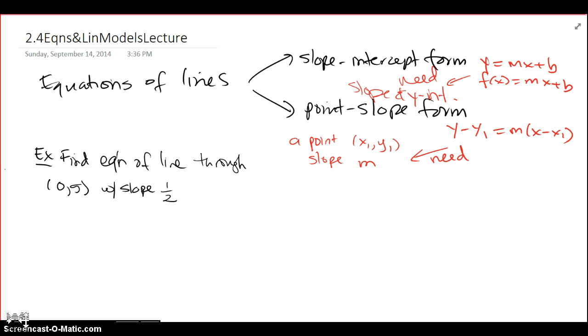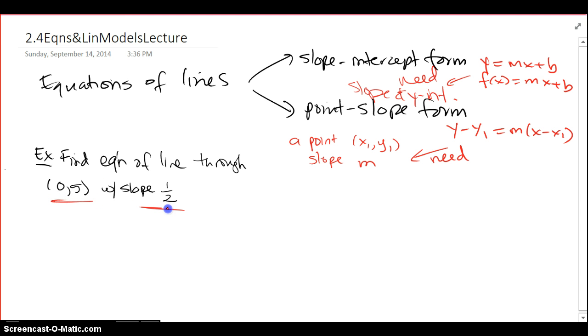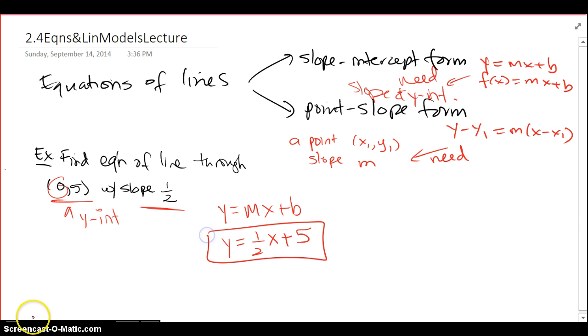For example, if I have to find the equation of the line through the point (0, 5) with a slope of 1/2, I could recognize that the point (0, 5) is already the y-intercept because the x-coordinate associated with it is 0, and I'm given the slope, so it would be best to use the slope-intercept form, y equals mx plus b, and I get there fairly quickly. I plug in the slope of 1/2 and the y-intercept of 5, and I'm good to go.